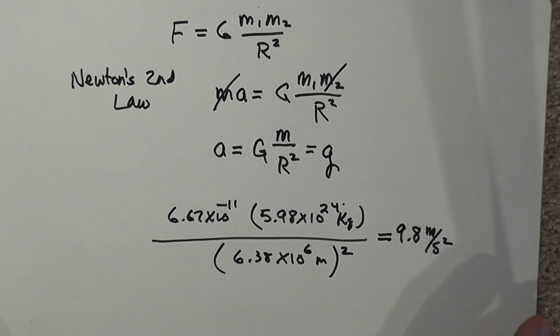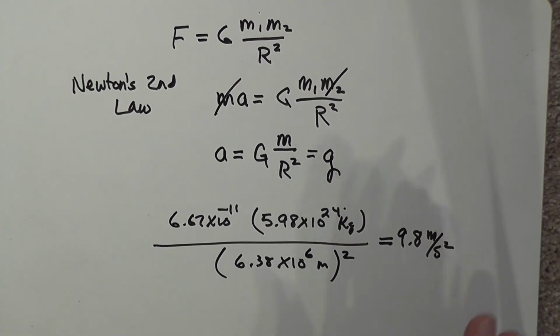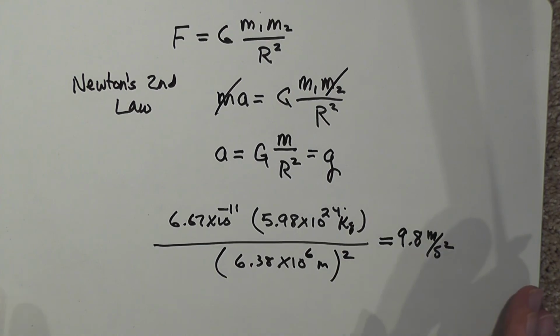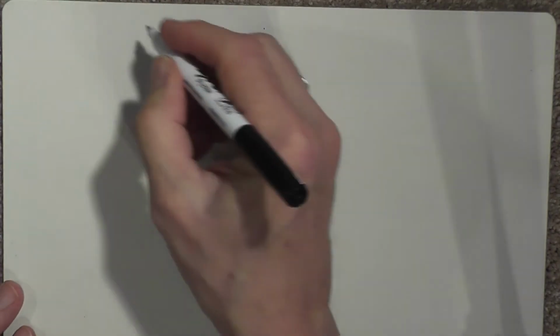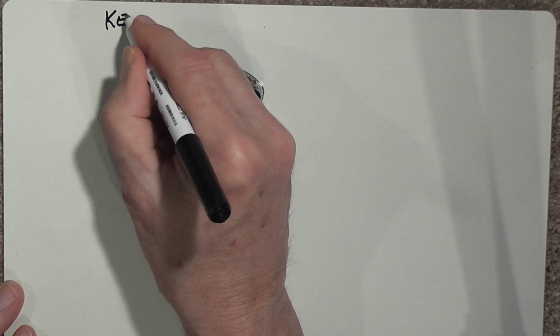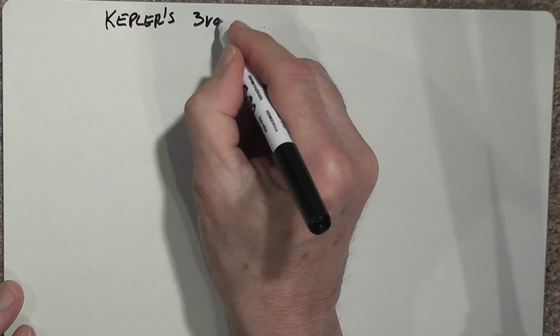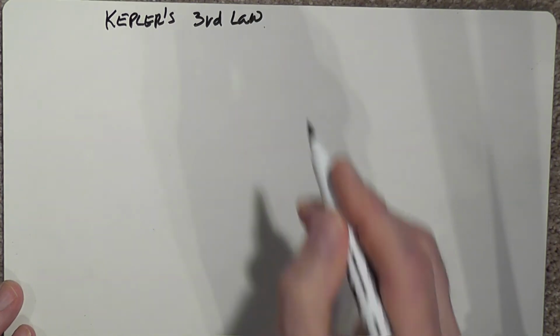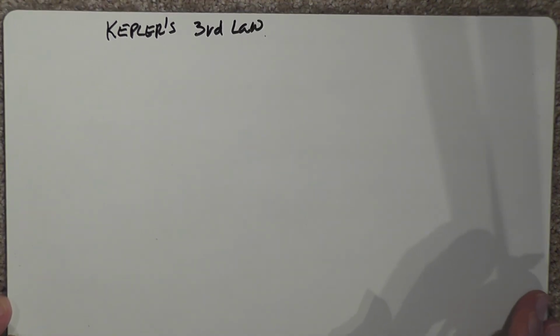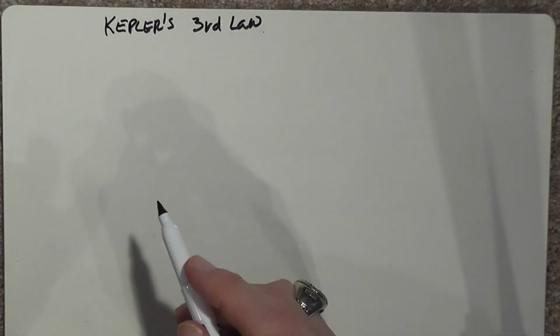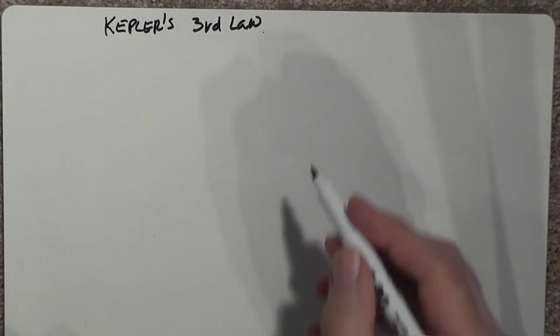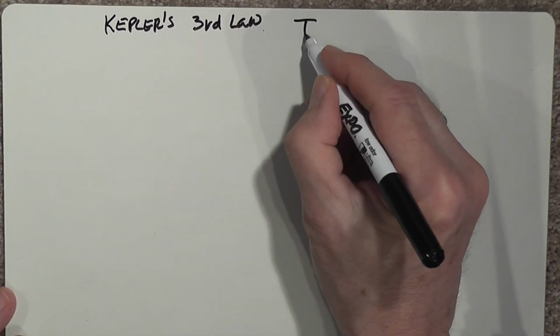The next one we're going to do is deriving and talking about Kepler's third law. Okay, which basically says that a period, and we use T as period.